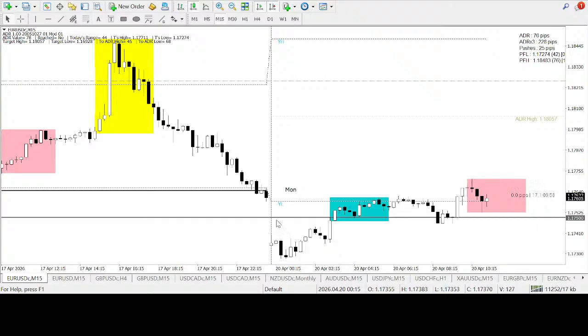So you see, we broke out of yesterday's low, then we have come back. So we have broken the low, then we have crept. You see, he's creeping up, trending, creeping up.